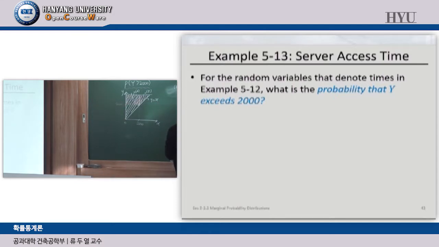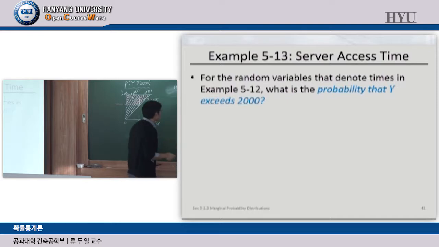So if we say that this is small a, okay, and a is equal to 6 times 10 to the minus 6 times exponential minus 0.001x times the integration from 2000 to infinity of exponential minus 0.002y dy.